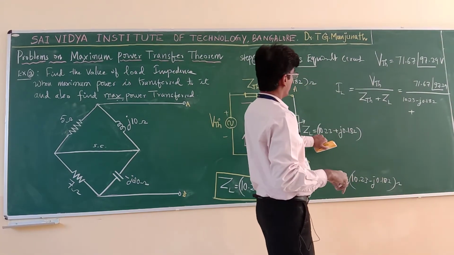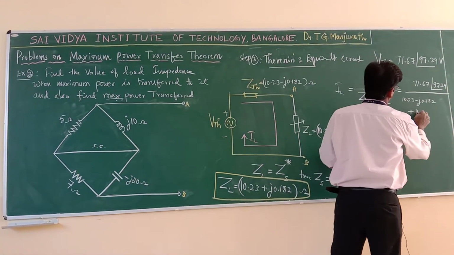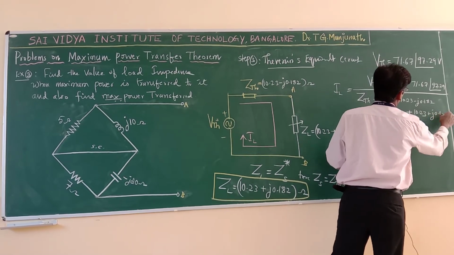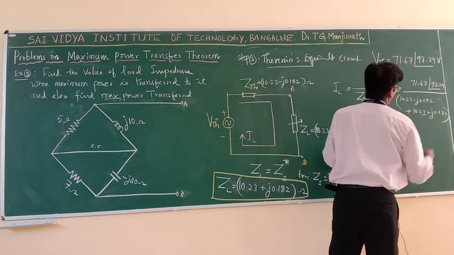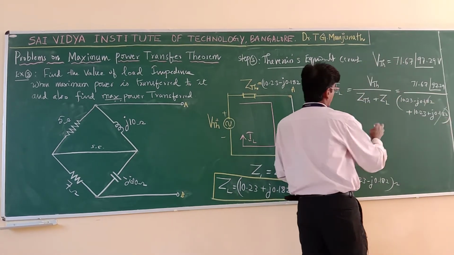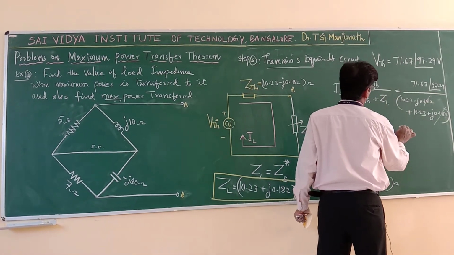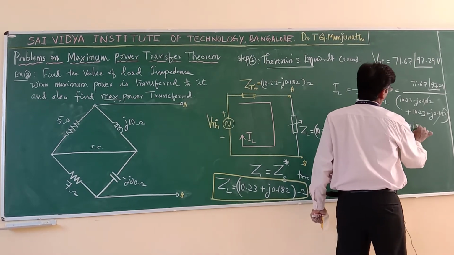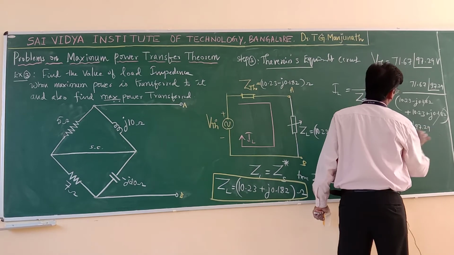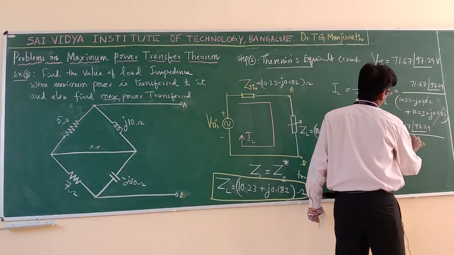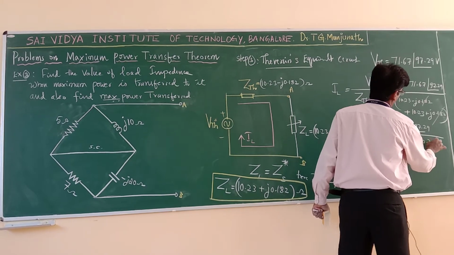What is ZL? 10.23 plus j 0.182. Okay. So, here the imaginary parts get cancelled, and what you are going to get, IL is equal to 71.67 at an angle 97.29 divided by 10.23 plus 10.23.